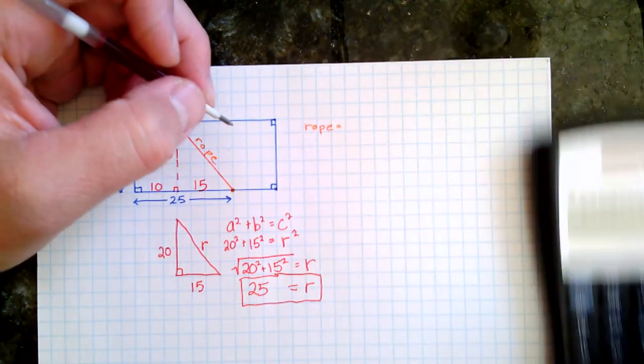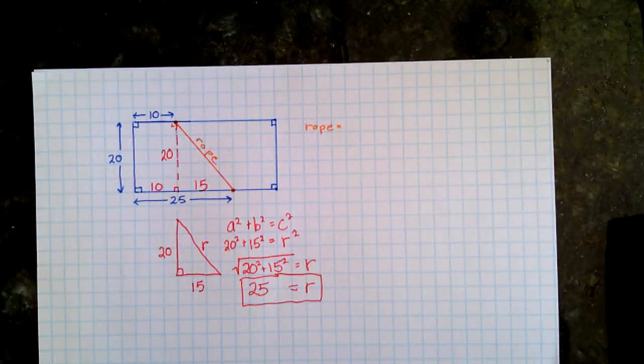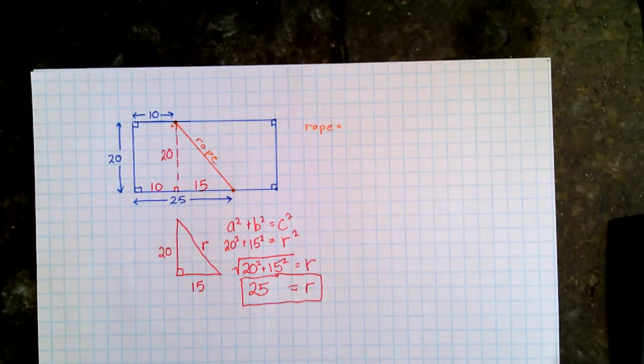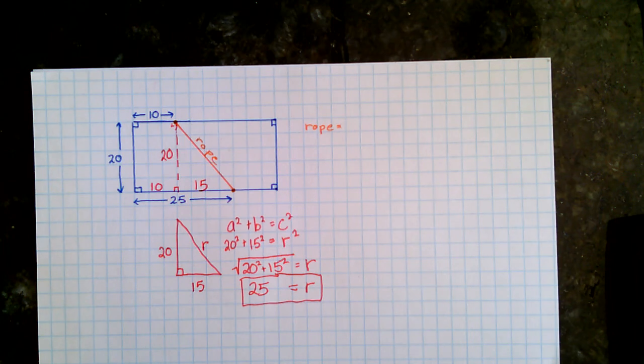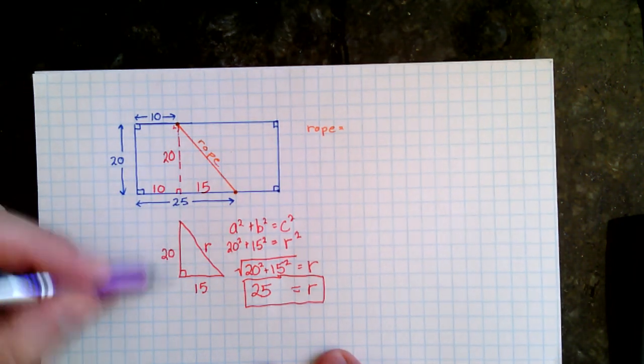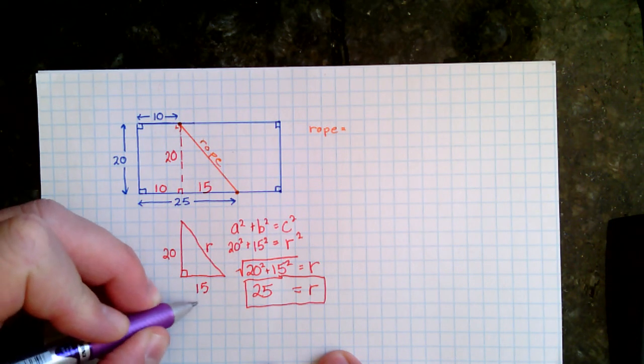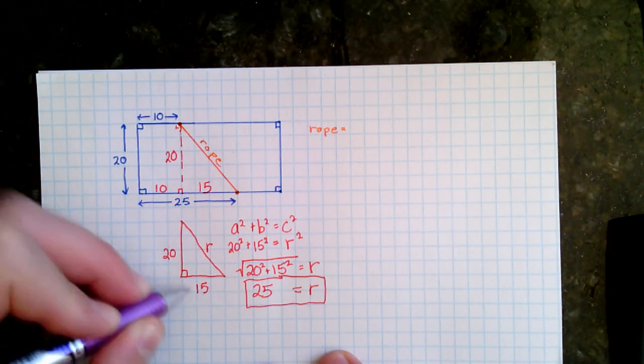But wait, there's more. With knowledge comes power. If you look at this diagram, or this triangle, you can see that 5 goes into both of these numbers.